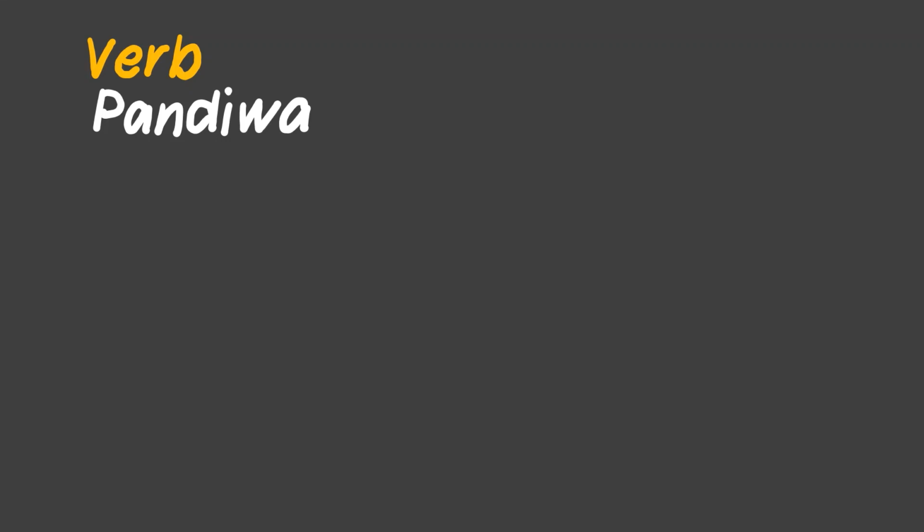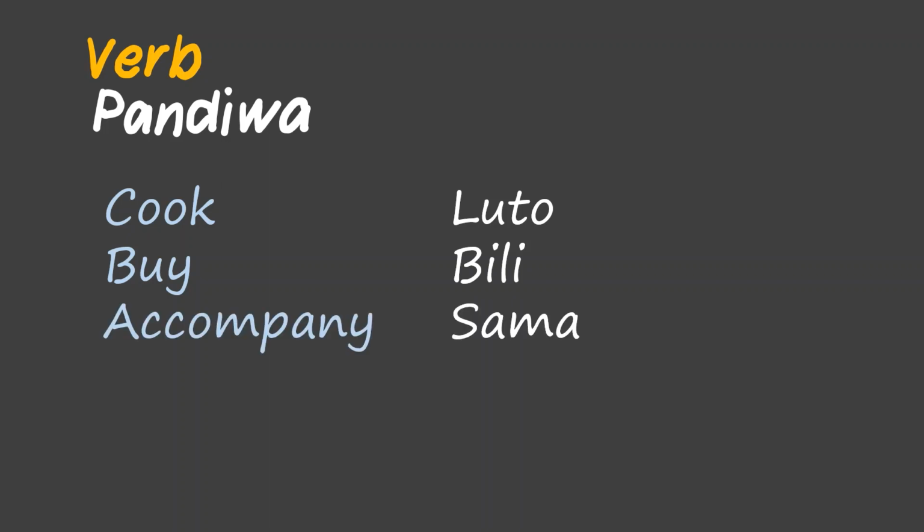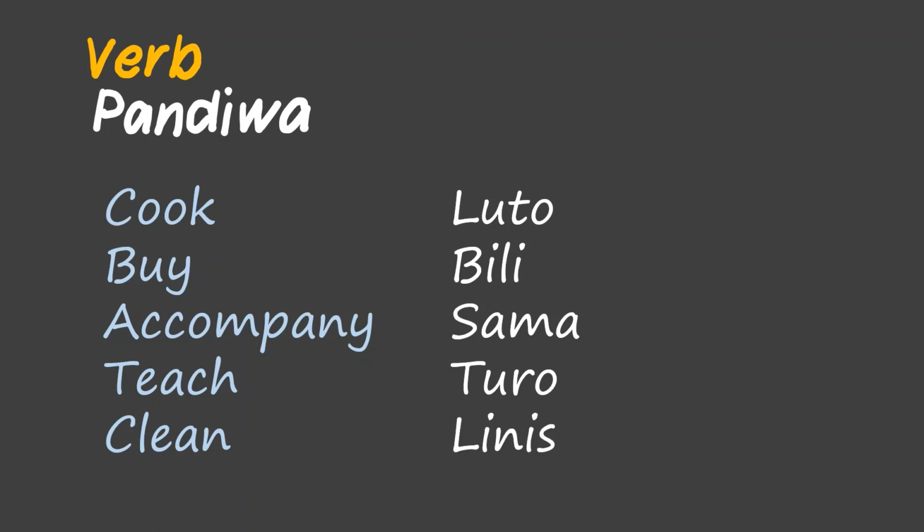You might ask someone to cook for you. Cook, luto. Buy, bili. Accompany or go with you, sama. Teach, turo. Clean, linis. Try to practice the conjugation rules on these words to form the past, present, and future tense of phrases that say, ask someone to do the action for you.